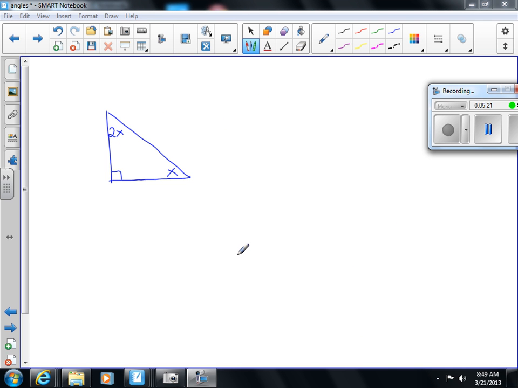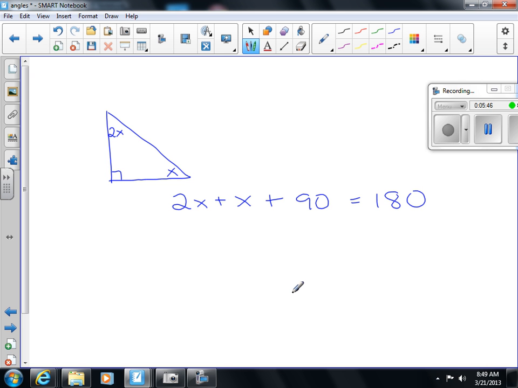Okay, now let's find what x is. Because I have two missing values involving x, we're going to need to set up an equation. What do you know about all three of the measurements of these angles? They're going to add up to 180. So let's write that down: 2x plus another x plus, what is this degree measure? 90 should be equal to 180.